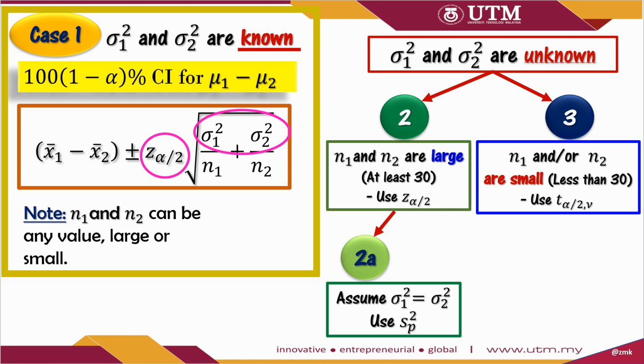Here, the unknown population variances sigma 1 squared and sigma 2 squared are estimated by a pooled or weighted variance denoted by SP squared, which is given by this expression. The formula for SP squared, which is the pooled variance, is available in the statistical table and formula booklet page 2.